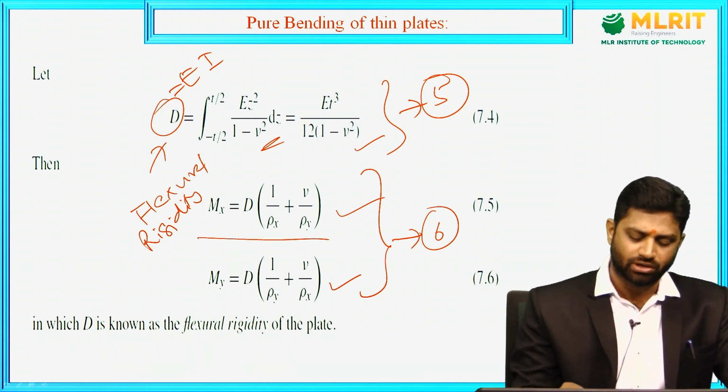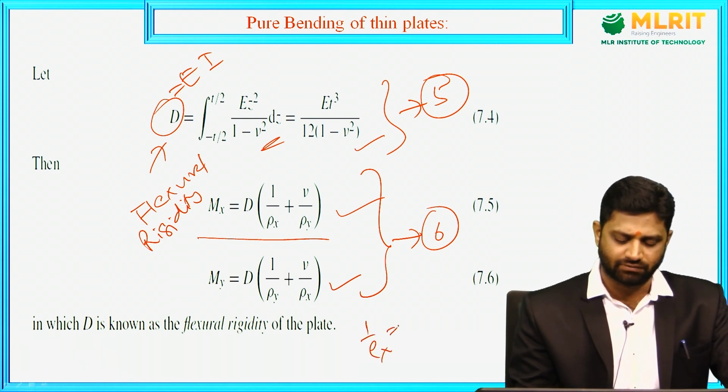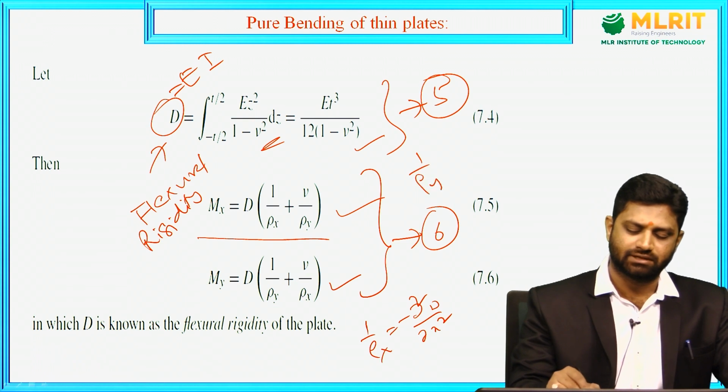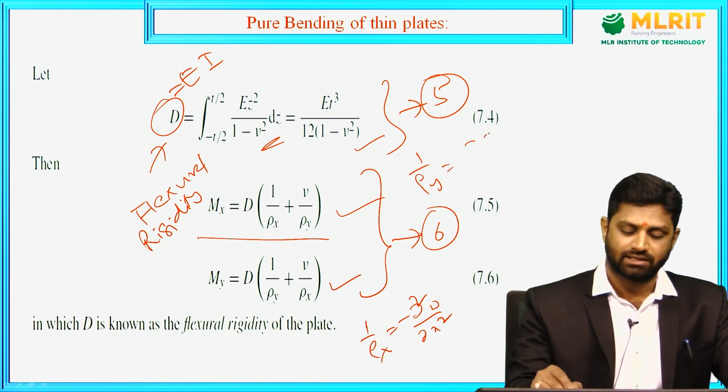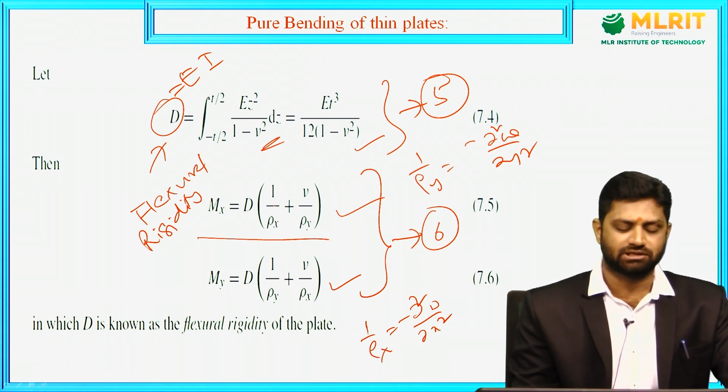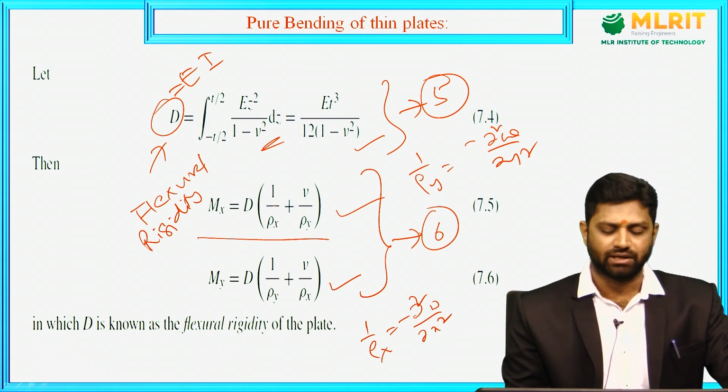So we are going to write here 1 by rho x equals minus dou square W by dou x square, and 1 by rho y equals minus dou square W by dou y square. Now we are going to take these two and substitute them in place of 1 by rho x and 1 by rho y, and then rewrite that equation.